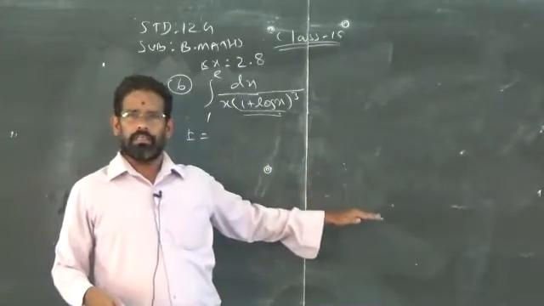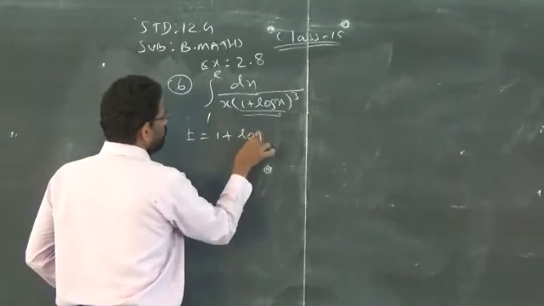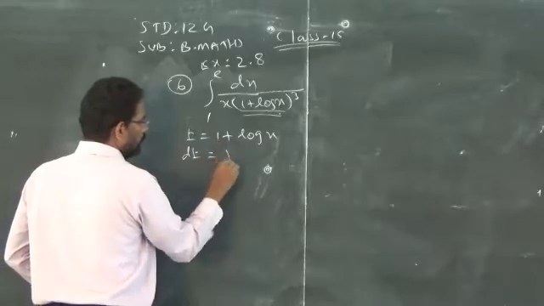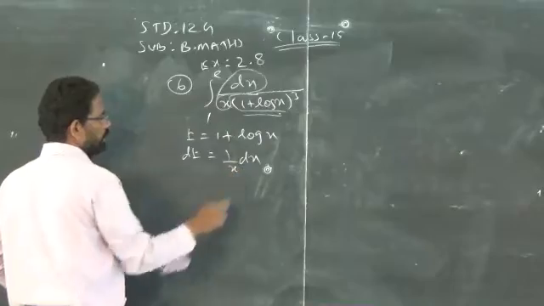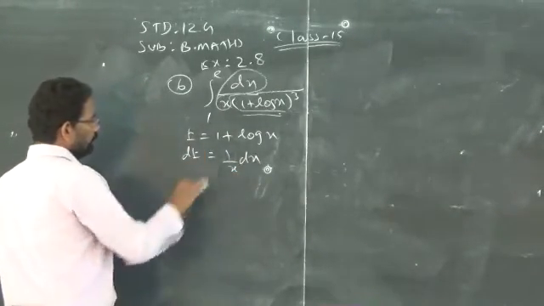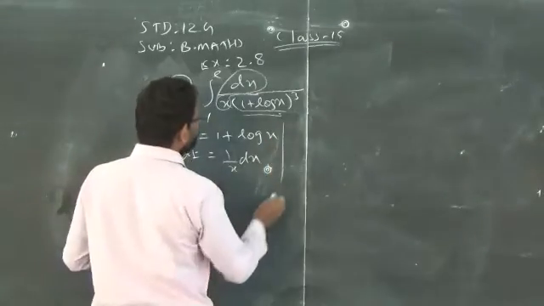Clear, we tried already. So t is equal to 1 plus log x. Now differentiate, 1 will become 0, log x is 1 by x into dx. See, I have dx by x. 1 into dx is nothing but dx. So now your aim is to change the limits.